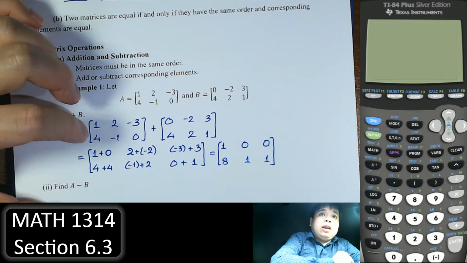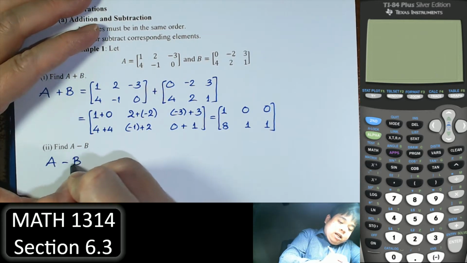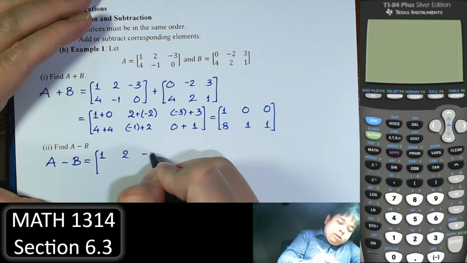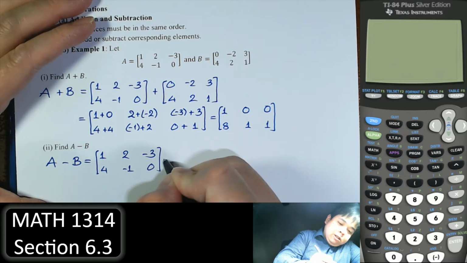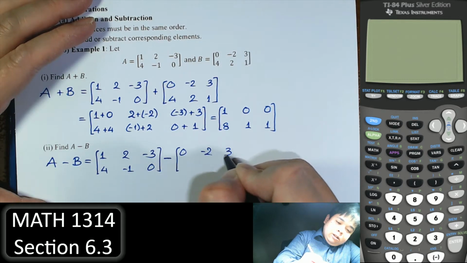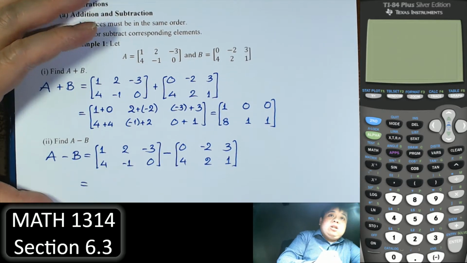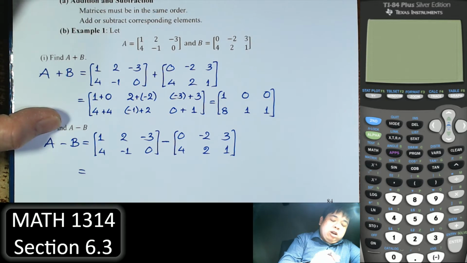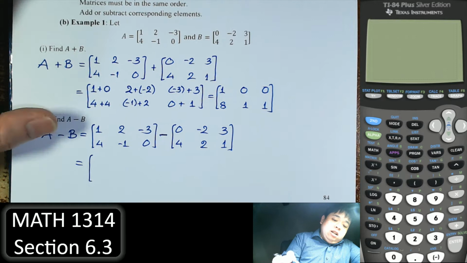And subtraction is still the same thing. They should have the same order, the same number of rows and the same number of columns. Now we subtract. Both of them are 2 by 3, so we just subtract the corresponding entries.